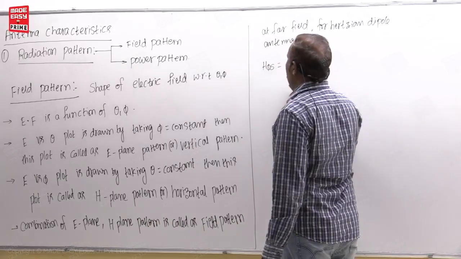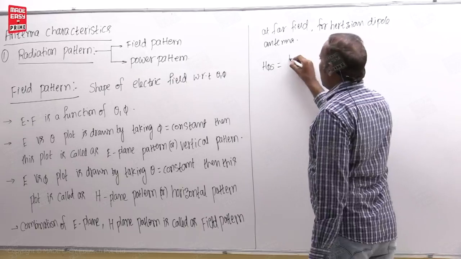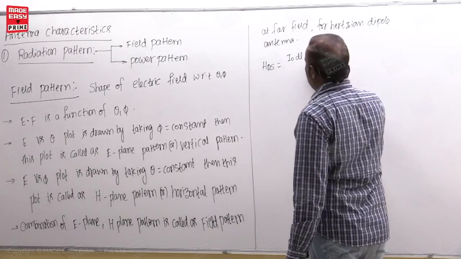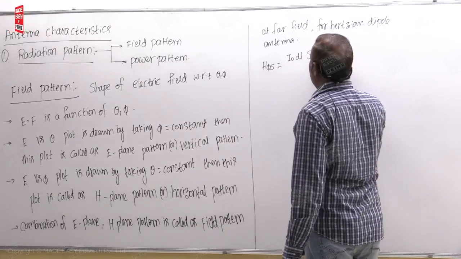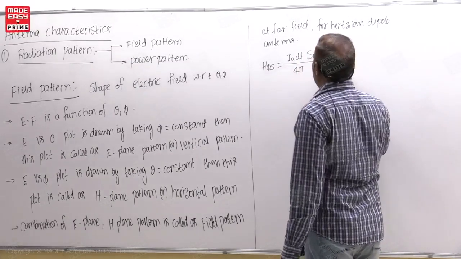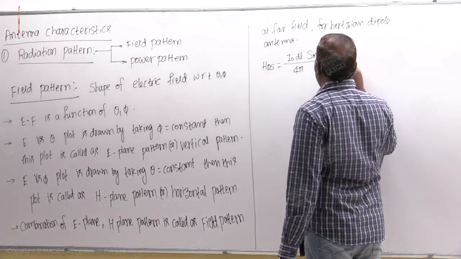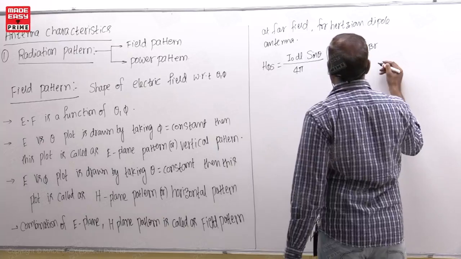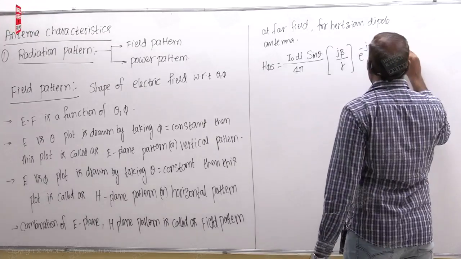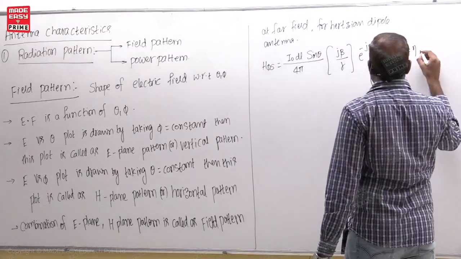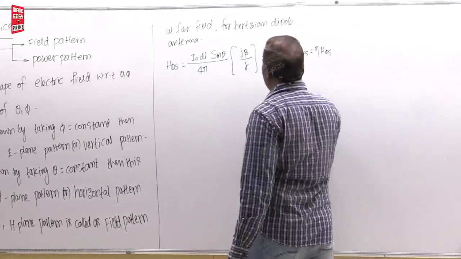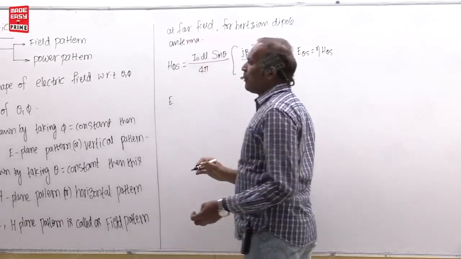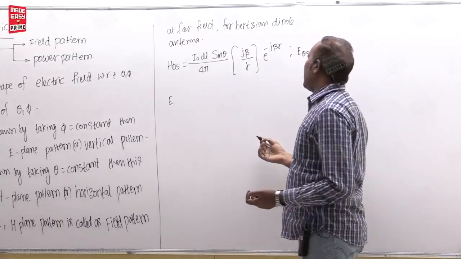H phi s is equal to I naught dl sin theta divided by 4 pi, j beta divided by r, e power minus j beta r. So E theta s is equal to eta into H phi s, you have seen. Now I told you to remember this equation. We are drawing the field pattern for the Hertzian dipole antenna here.